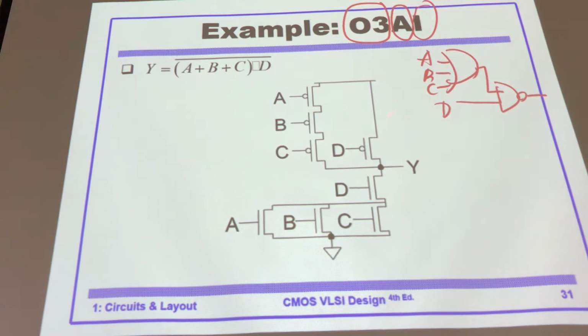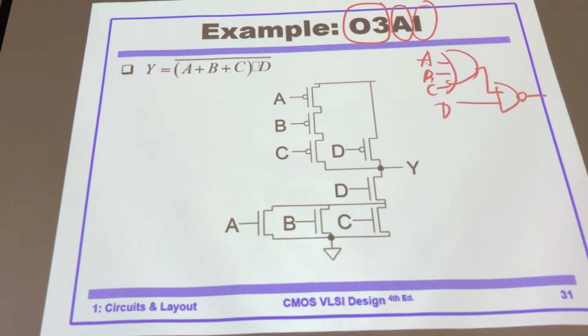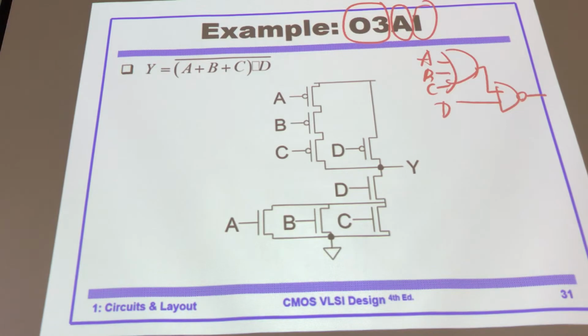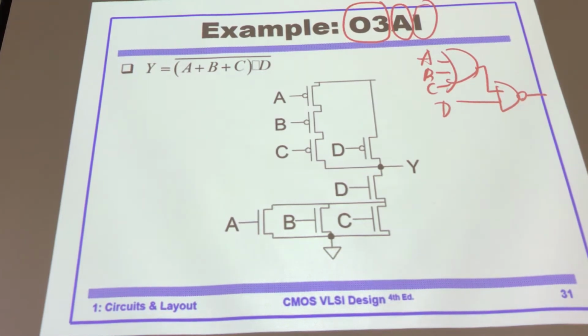When you connect several transistors, and the number of serial connections is more than 3, or maybe more than 4, that's going to be very slow. The more inputs, the slower the circuit, and the delay increase is larger and larger. Even a 6-input or 8-input compound gate is going to be very, very slow.